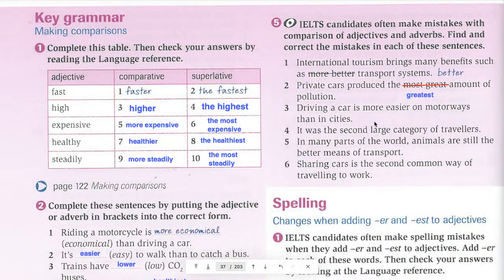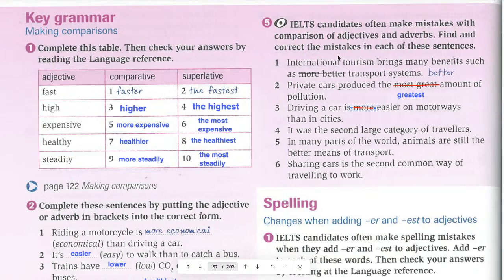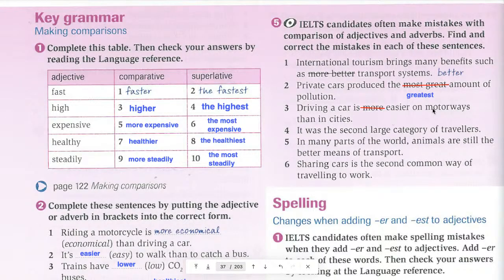Kiệt. Driving a car is more easier on motorways than in cities. We remove more. We don't need more for easier, right? We don't say more easier, we just say easier. So driving a car is easier on motorways than in cities. Number 4. It was the second large category of travelers.